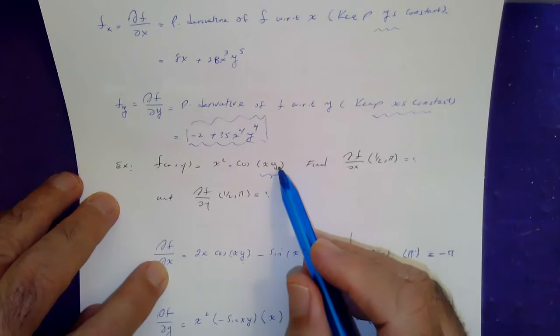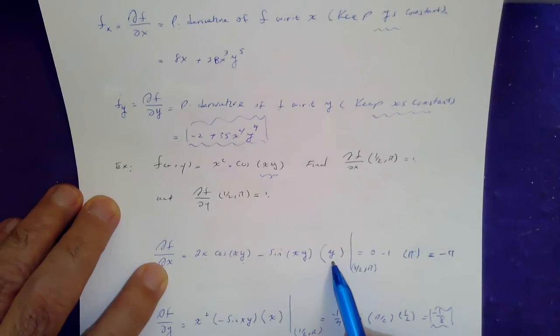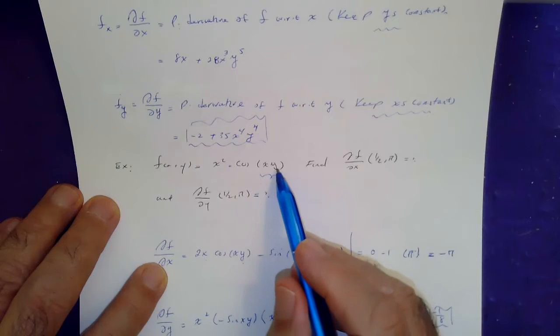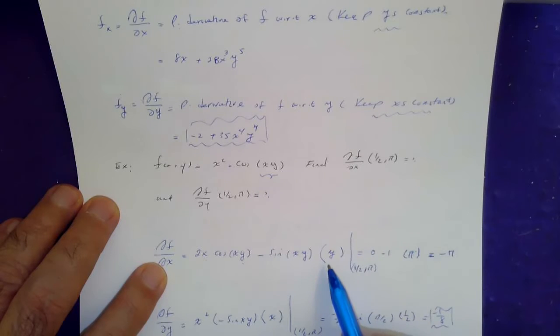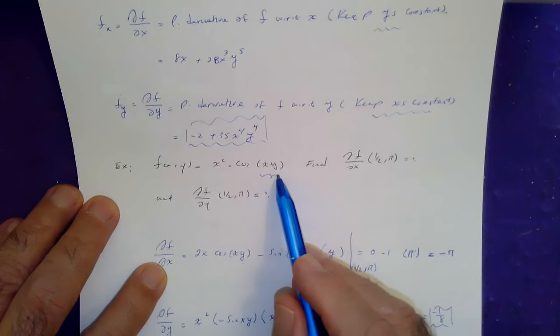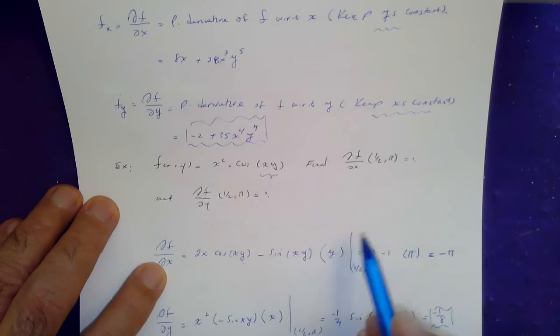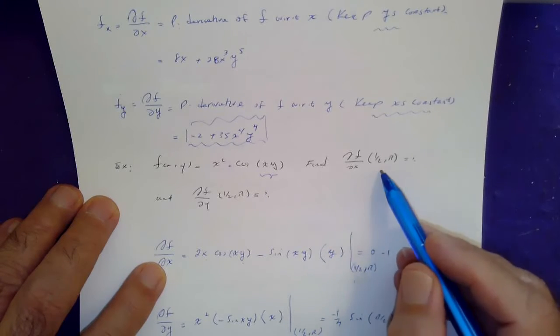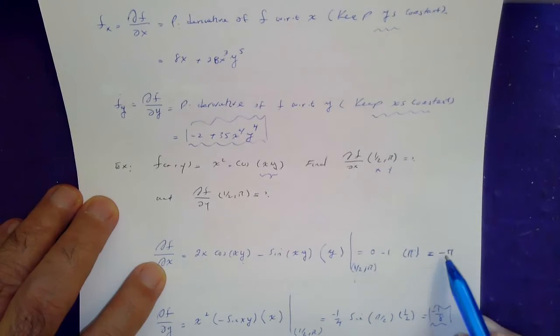That means y is constant, so y goes along. So the partial derivative of x y is just y. Pretend this is like the derivative of 4x. Pretend y is 4, so 4 goes along. Evaluating this at the given point, 1/2 comma pi, that's x, that's y, the answer would be negative pi.